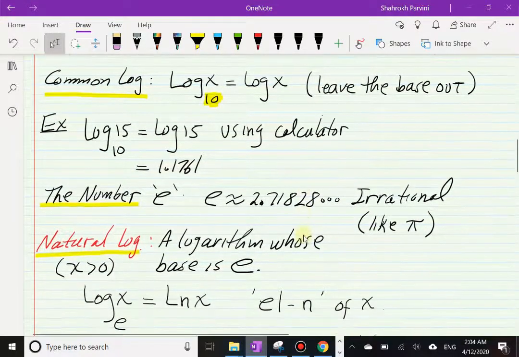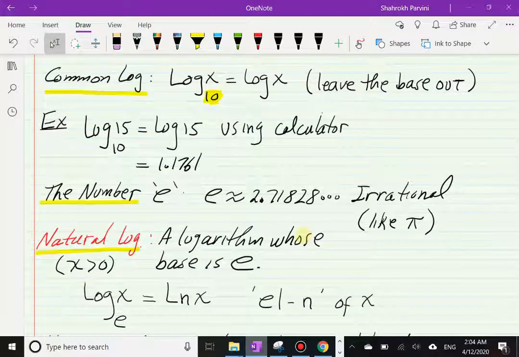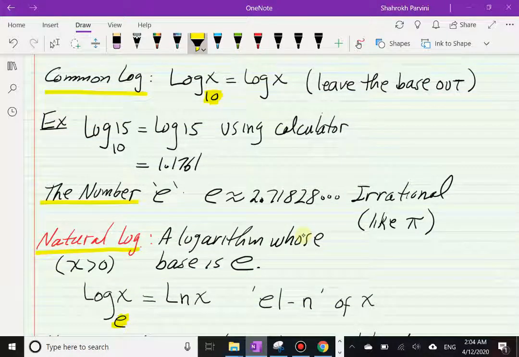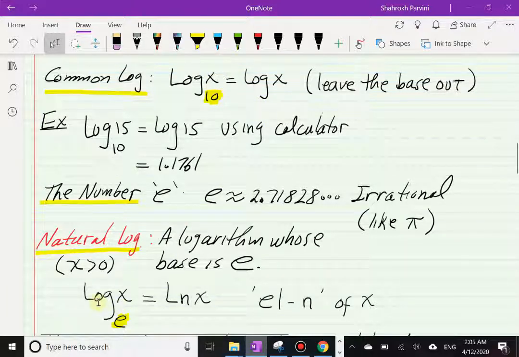Okay, so that's all that is. So this time, if the base of the logarithm is e, right down here, then we call this a natural log. Now, remember, for common log, if the base is 10, they don't write it. Well, if they did the same thing with natural logs, if they just didn't write base e, then there's a confusion between common log and natural logs, correct?